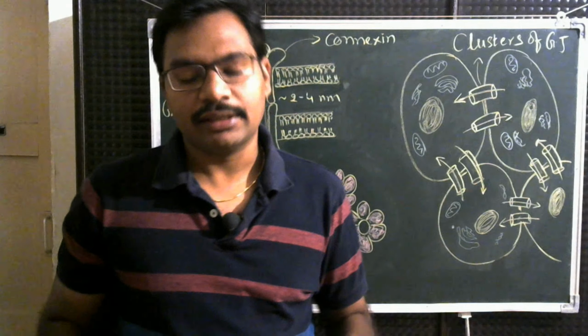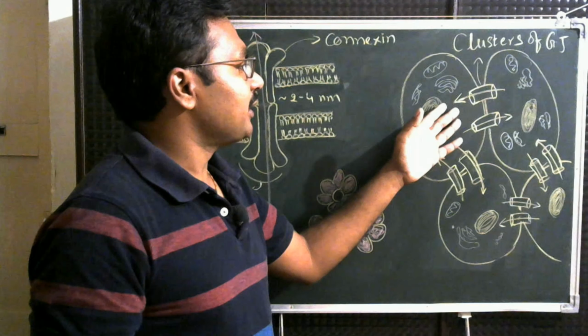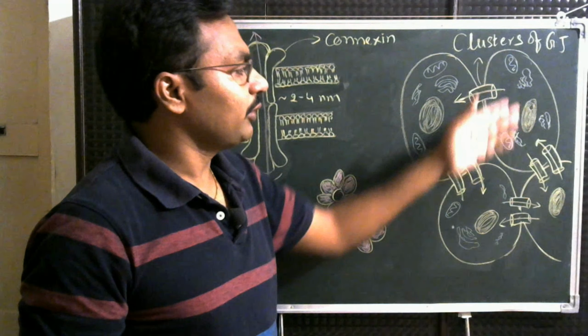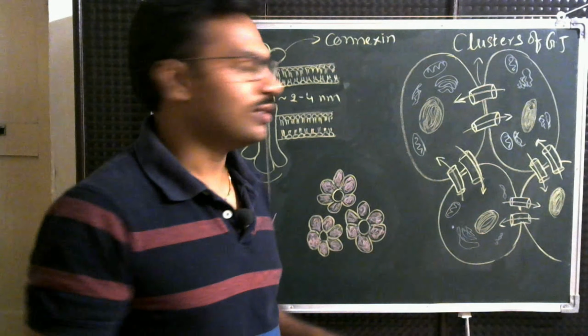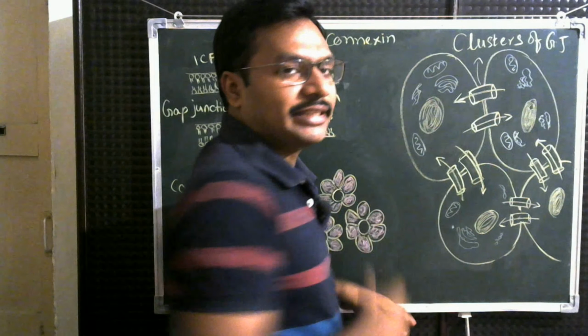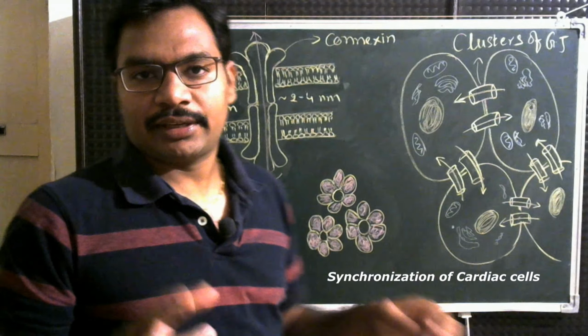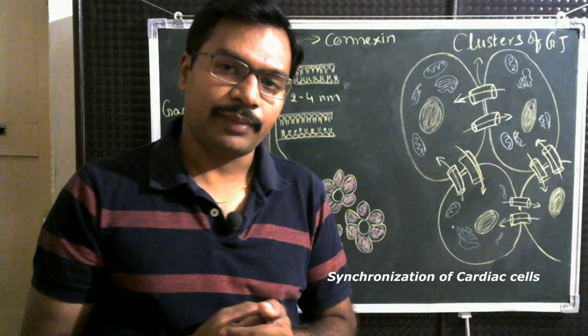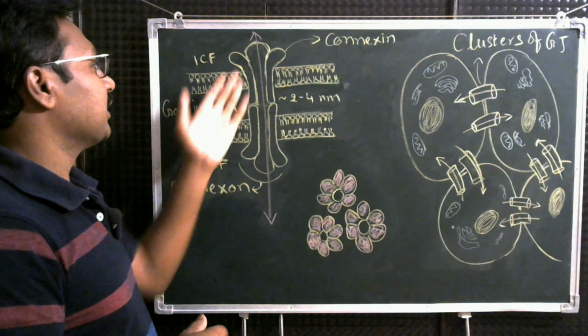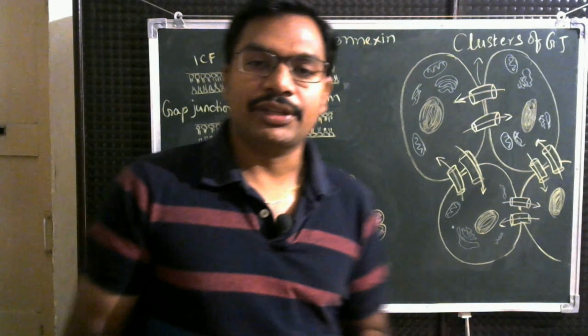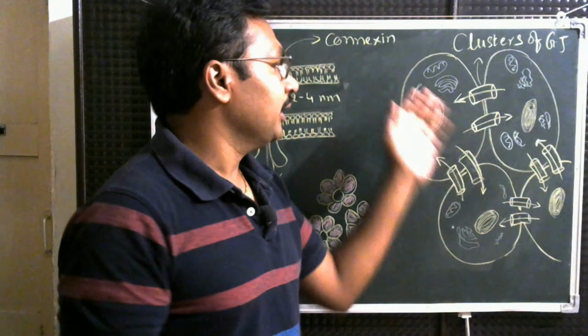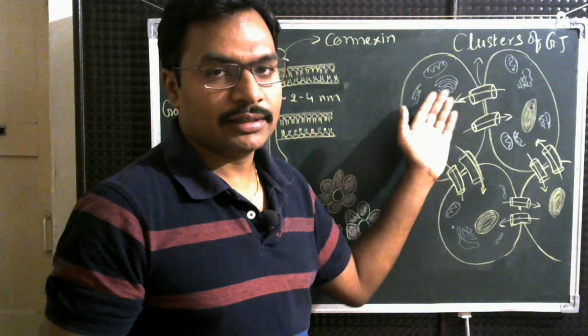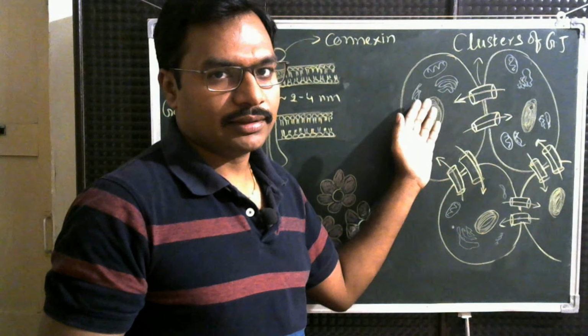The main reason is that these potentials pass to adjacent cells. This is known as synchronization. The synchronization of the cardiac muscle is achieved by gap junctions, which are low resistant bridges that allow particularly charged particles, charged ions, across the cells.